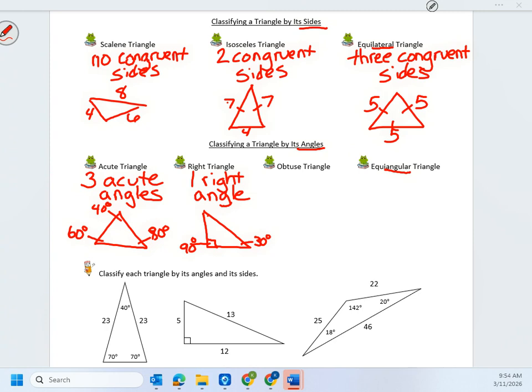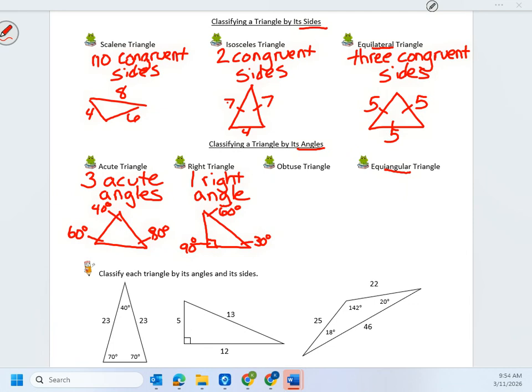So if I have 90 plus 30 is 120. 120 plus 30 is 150. 90 plus 30 is 120. What does that third measurement have to be? Yeah, I have to make sure that all three measurements equal 180. Have to. Triangles always equal 180 degrees.